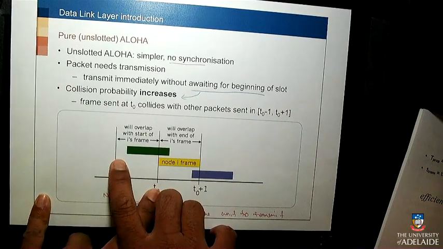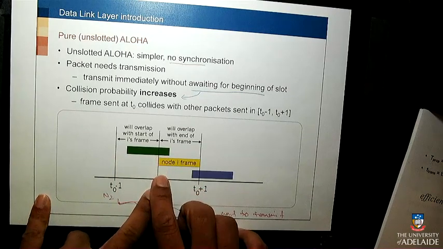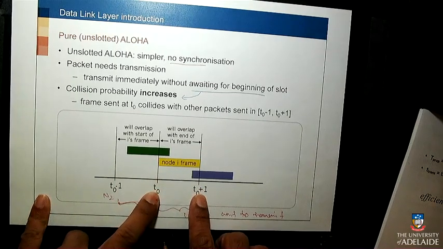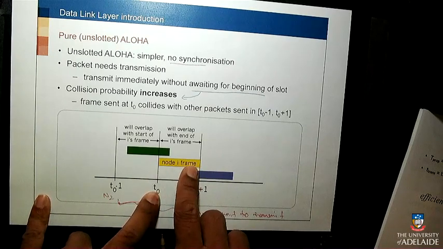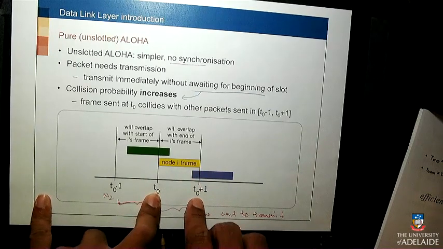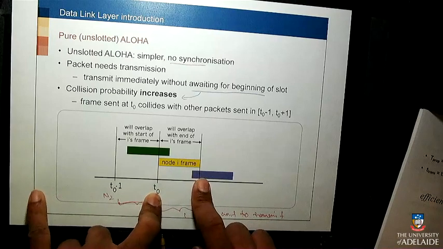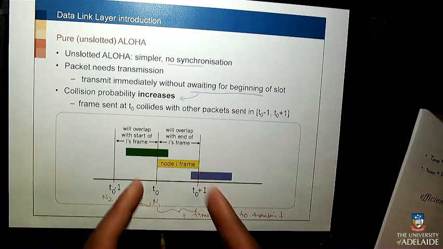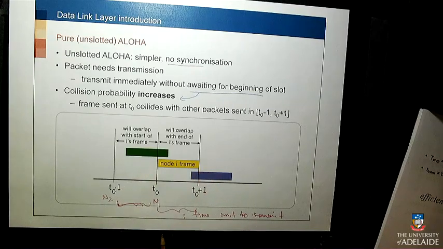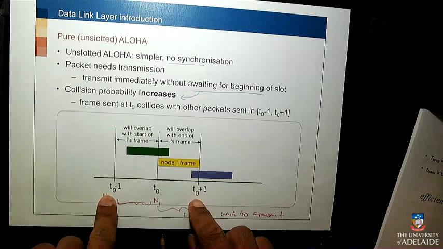So when I'm transmitting, a packet that was sent previously may arrive and collide. Another node may decide to transmit before I finish putting my packet on the link and also collide. When I have something to send, I just send it, but I technically increase my collision probability because none of the other senders are waiting for their slot time.